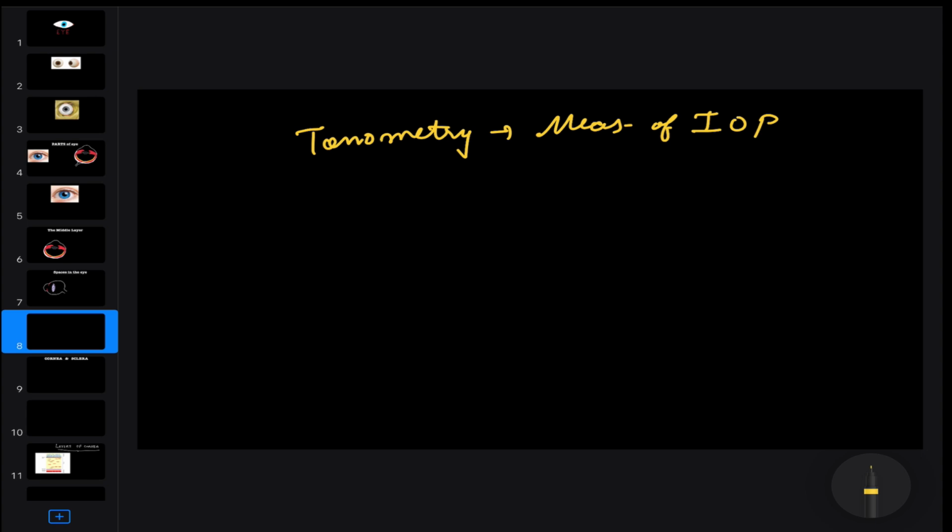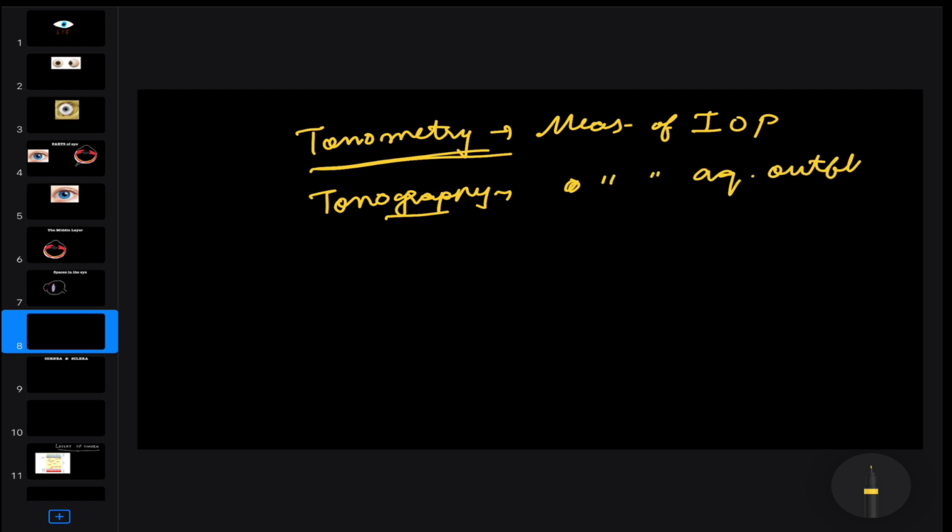For now, just remember this term, tonometry. Then there is another term, tonography. Tonography means the measurement of the aqueous outflow. The measurement of aqueous outflow is known as tonography. So tonometry and tonography, please do not get confused with these two very similar sounding words.